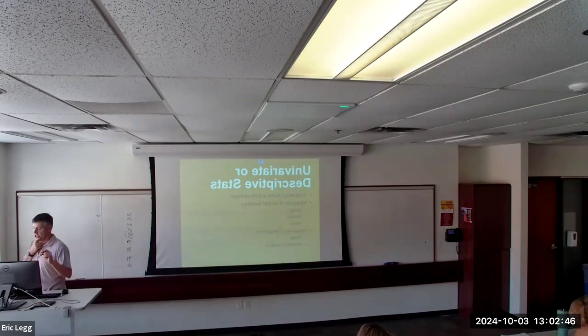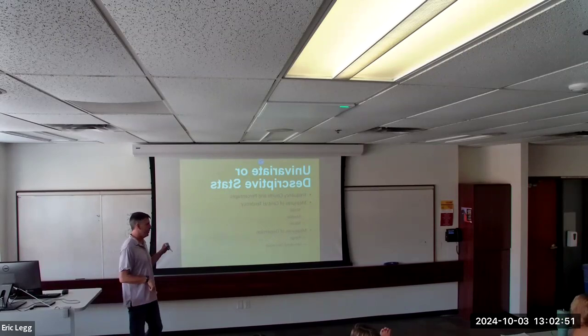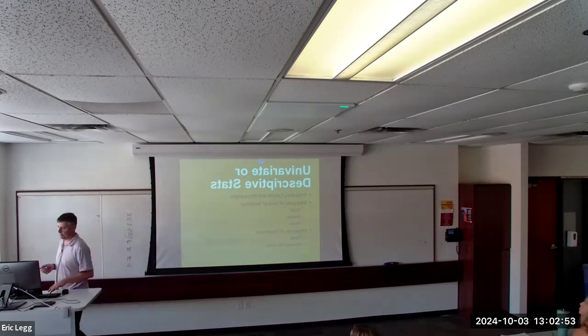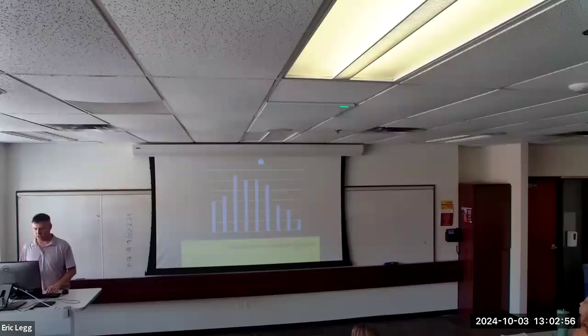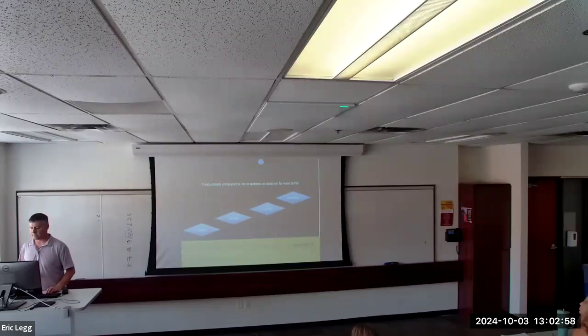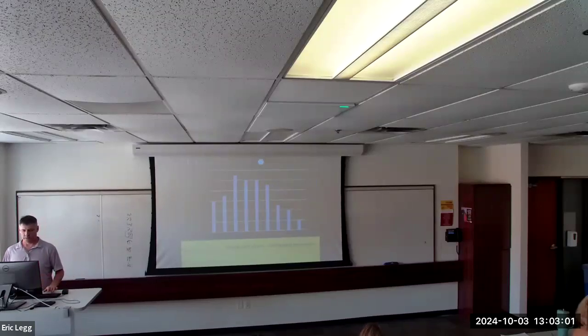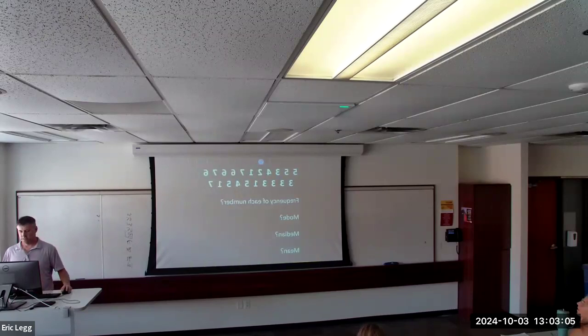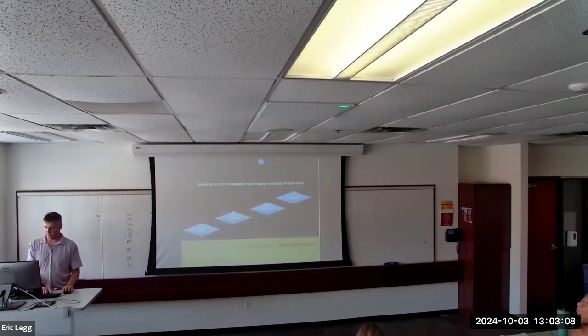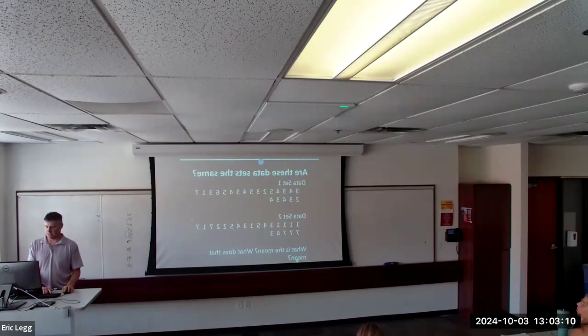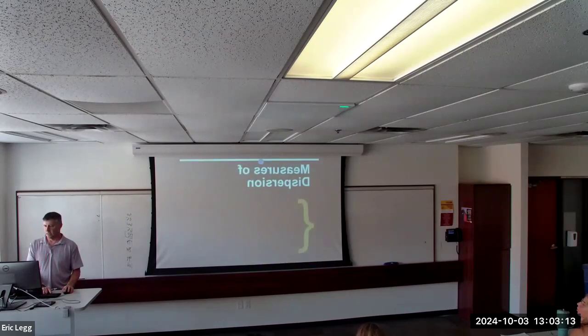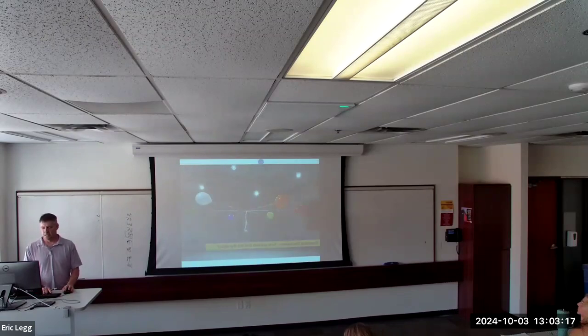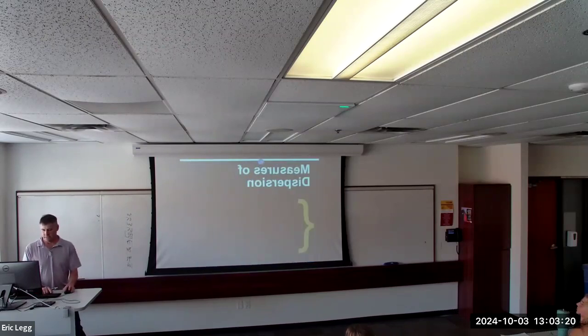Standard deviation is trickier, okay? But standard deviation, I suggest to you, is one of the most underused but useful statistics we have. I'm going to give you the technical definition: how spread out the data are.